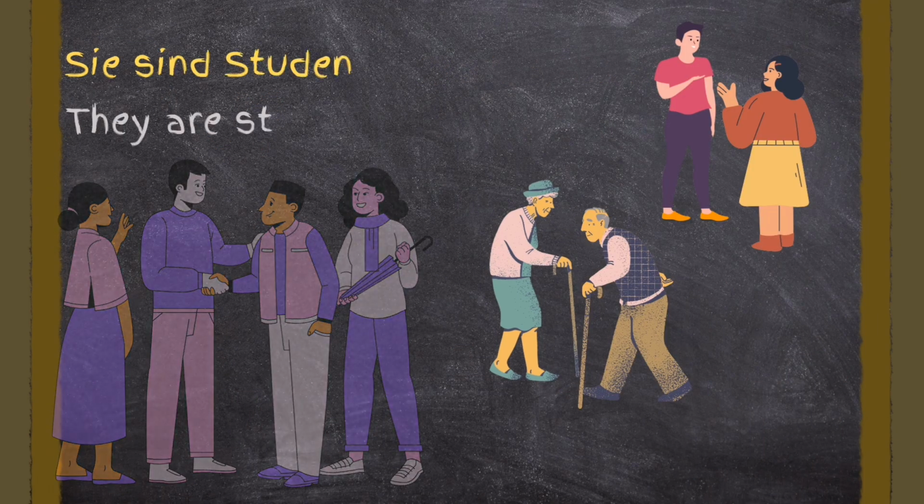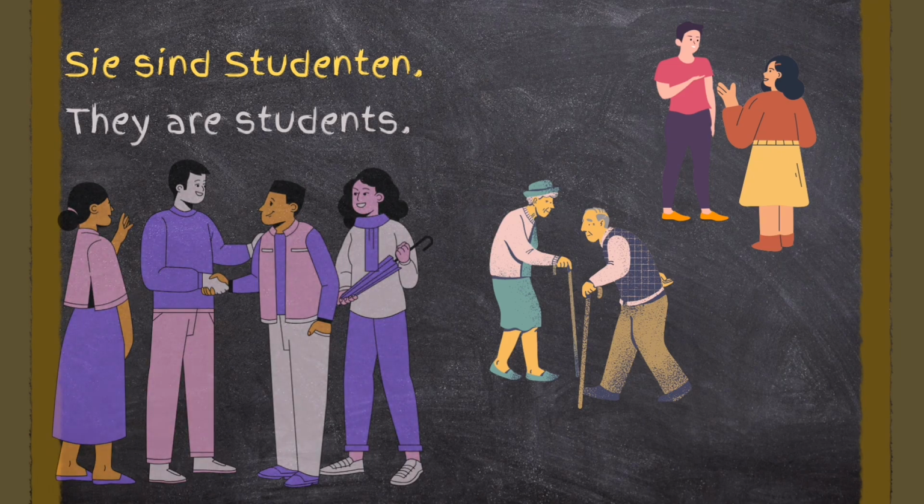And finally, when two persons are talking about group of persons in plural, they will say Sie sind Studenten. Hope with these examples still the concept is more clear.